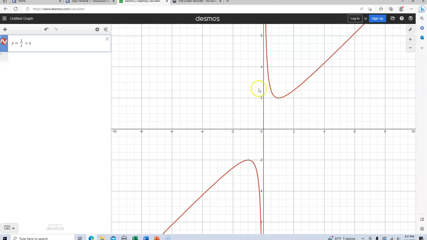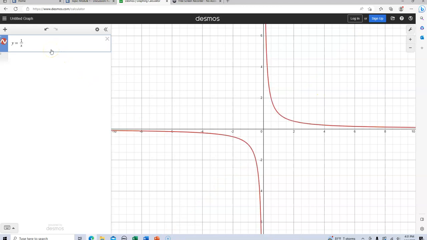Just to make a point here, we still retain the vertical asymptote. These points here are not asymptotic in the sense of what we had with 1 over x. What you can see there is that the function is getting very, very close to y equals 0, but it does not touch y equals 0.